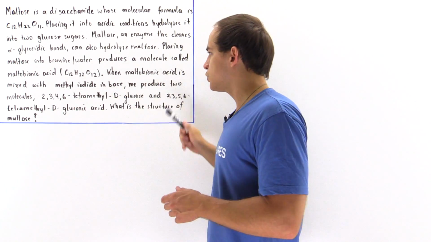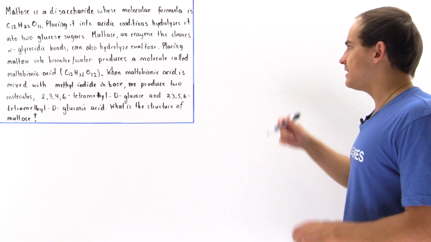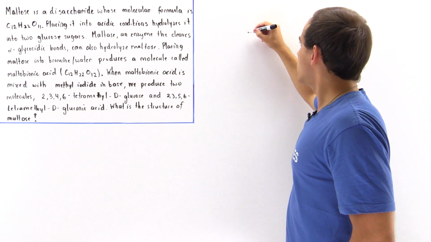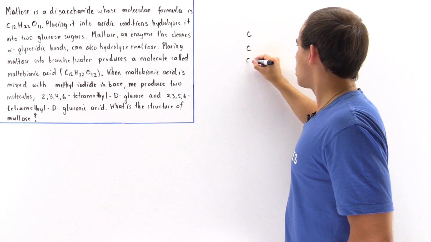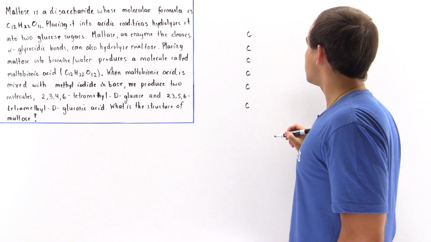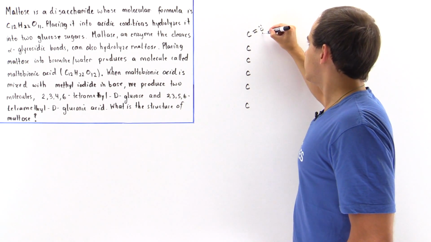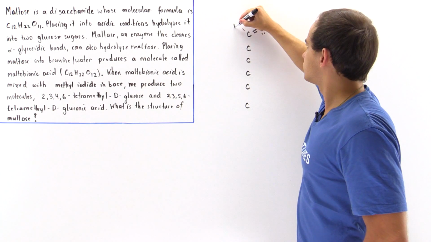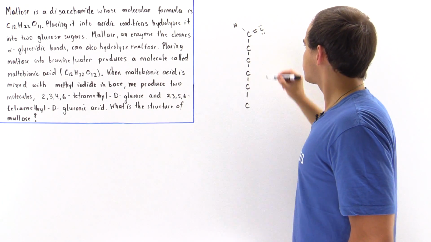Let's draw these 2 molecules. We have 2,3,4,6-tetramethyl-D-glucose. So, we have carbon number 1, carbon number 2, carbon number 3, carbon number 4, carbon number 5, and carbon number 6. Now, carbon number 1 contains our aldehyde group. Then we have the connection between these carbons here.